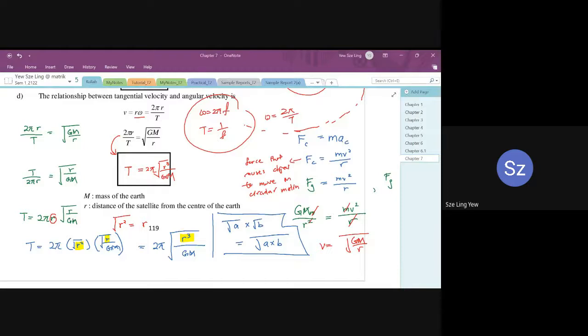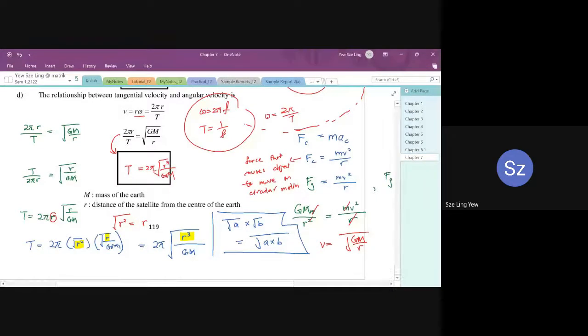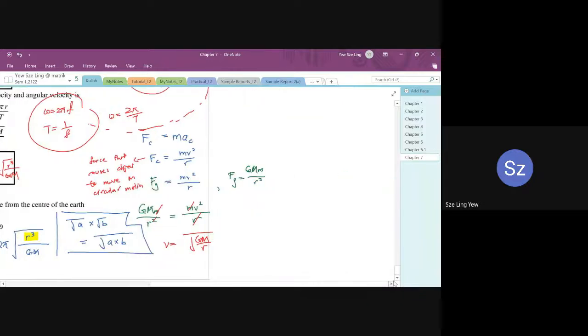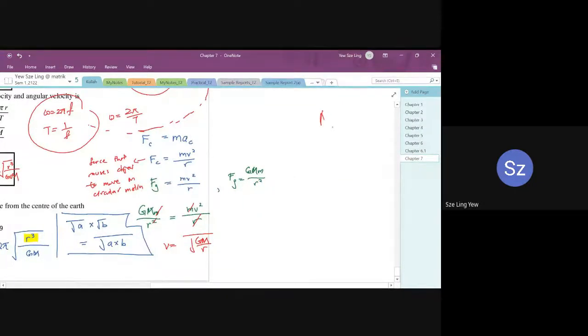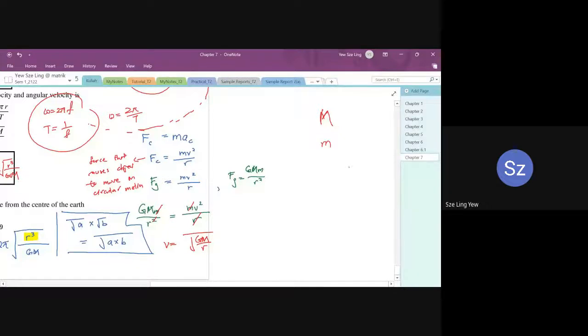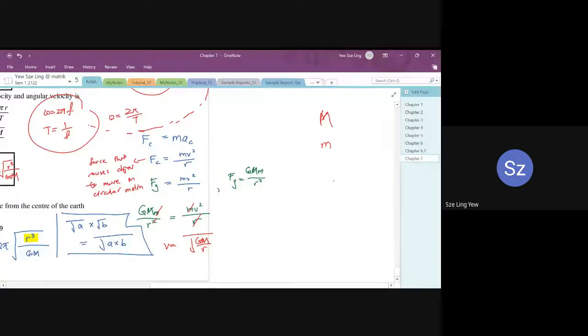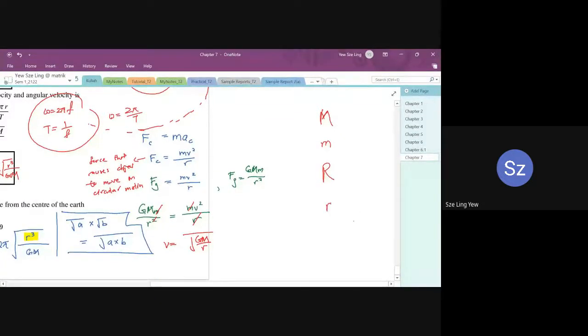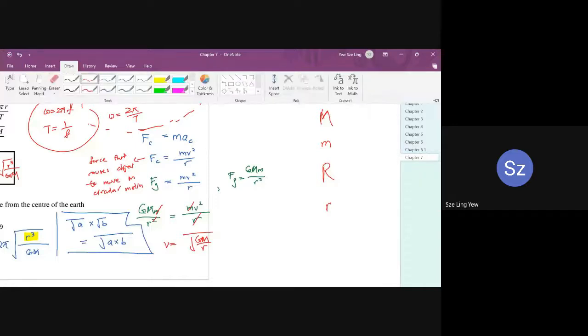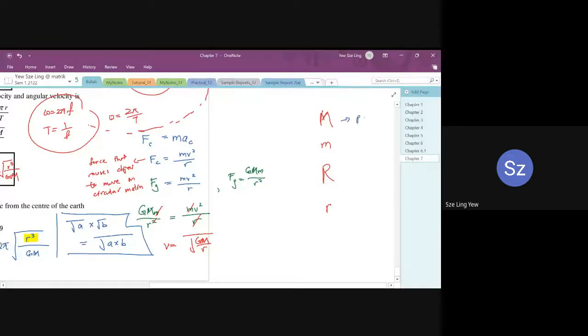Do you have any questions? Basically, chapter 7 involves more of the definitions and derivations of the equations. How to use them, you have to practice in a tutorial class. Right now, your task is to know the difference between these four characters: capital letter M, small letter m, capital letter R, and small letter r. Capital M refers to the point mass.